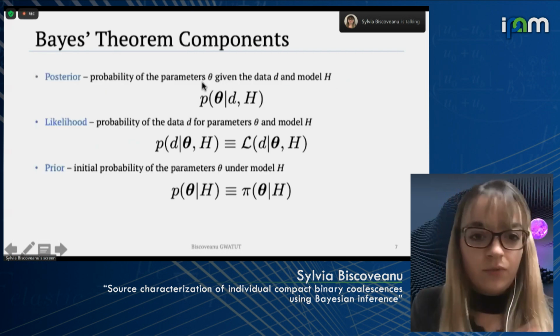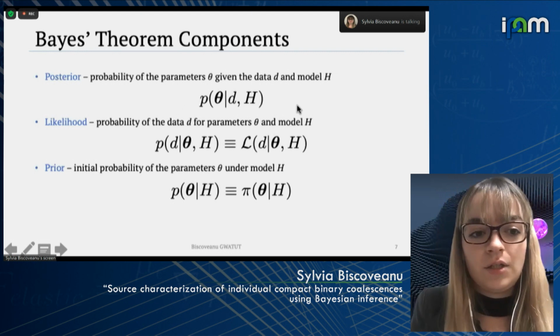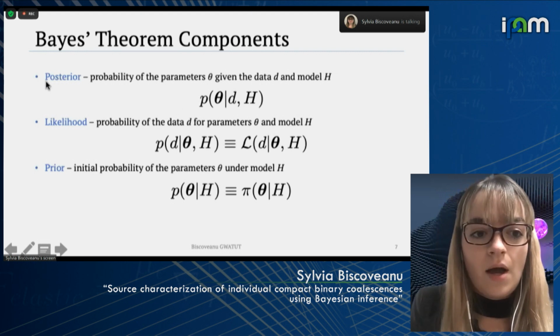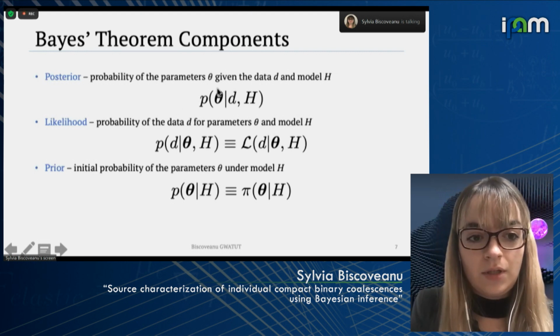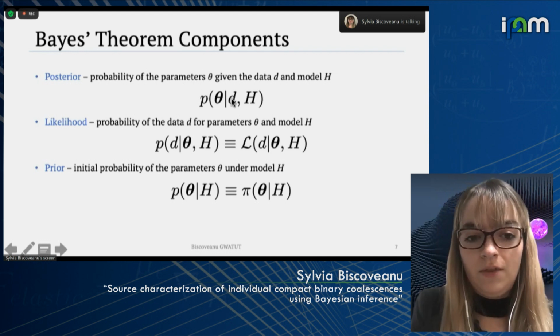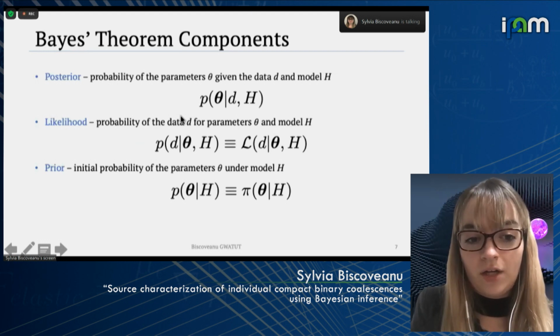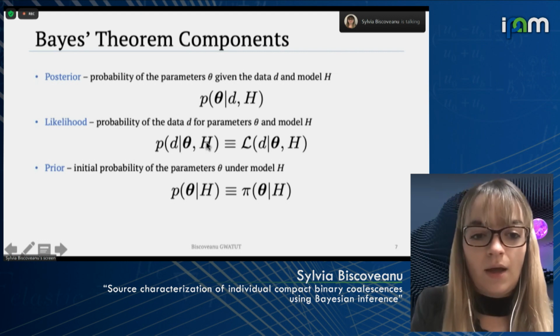So we can break Bayes' theorem down into its components and take a look at each in a bit more detail. The first thing, again, is the posterior. This is the probability of the parameters theta given the observed data D and our model H. The likelihood is the probability of having observed that data, assuming some parameters theta and our model.